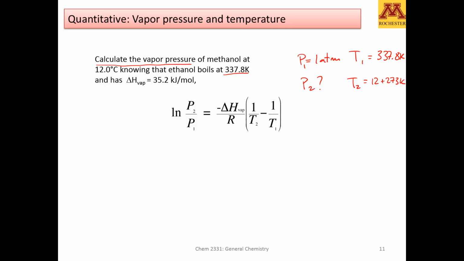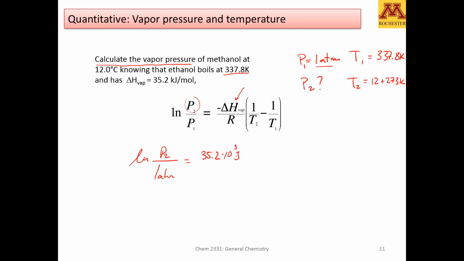Okay. So notice that it's giving you already the enthalpy of vaporization. So what it's asking is we need to find P2. So logarithm of P2 divided by P1. How much is P1? 1 atmosphere. Okay. And the enthalpy of vaporization is 35.2 kilojoules, so I'm going to convert it into joules.